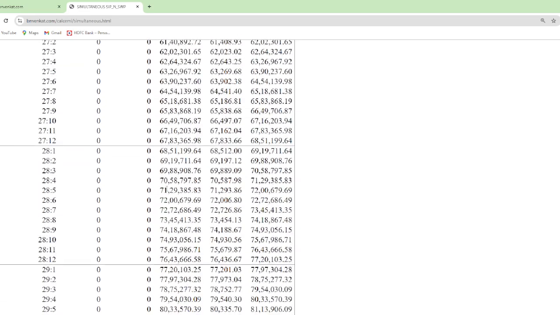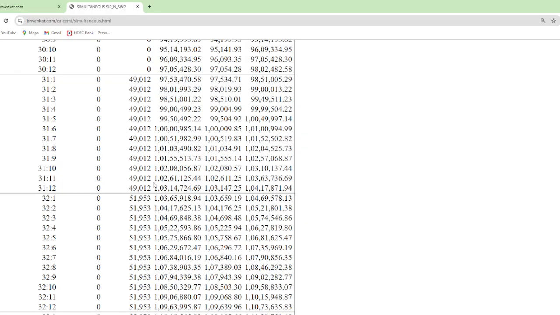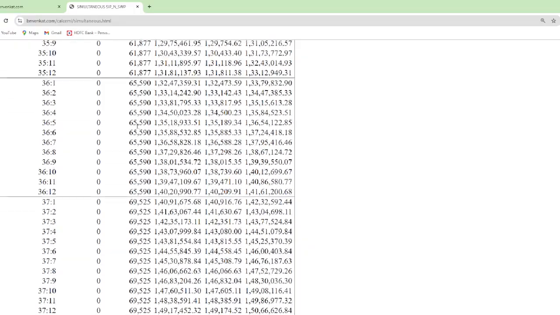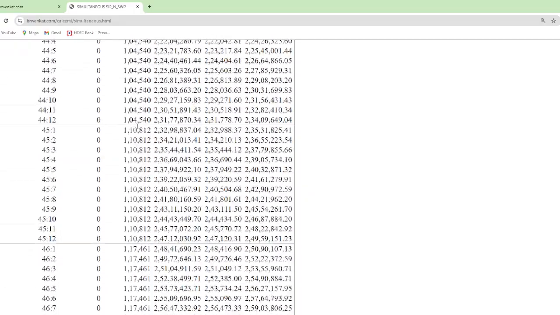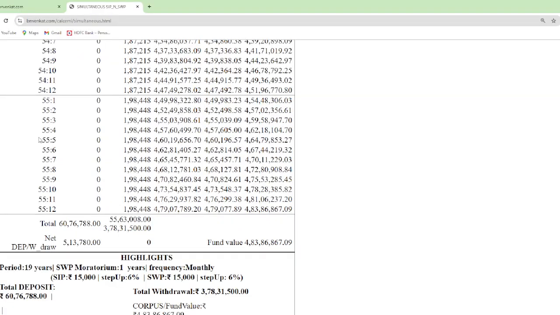In 30 years, we can assume that there will be no taxation on around 6 lakh rupees. Even now, up to 6 lakh rupees gain there is no taxation, up to 12 lakh there is no taxation. Therefore, during the SWP period, that is the retirement period also, there is no taxation. And there is taxation on the final value.